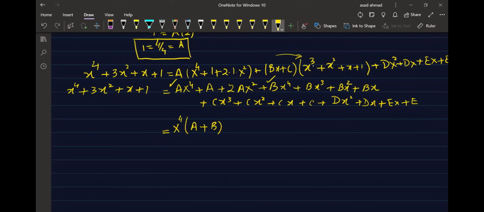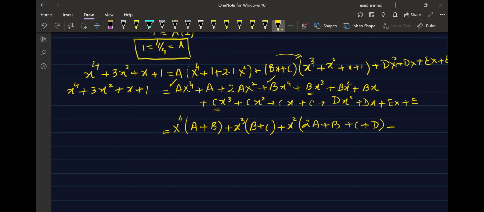Now c we can take up common x raised to power 3. So we have one this term bx3, one cx3. So we would write it as b plus c. Then we will take up x square common. Then the term involving x square is 2a plus b plus c and plus d.